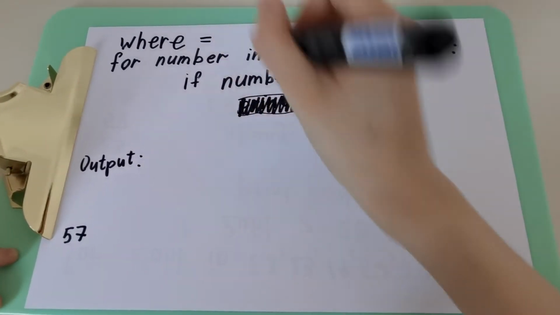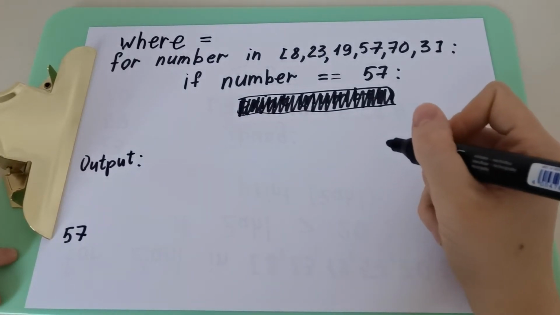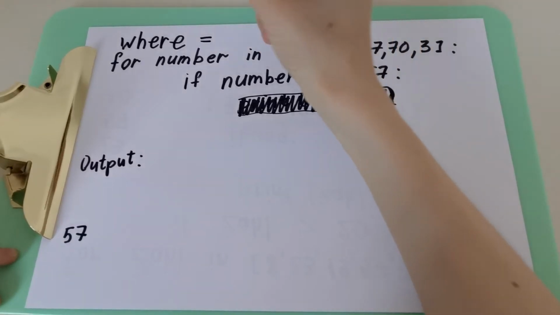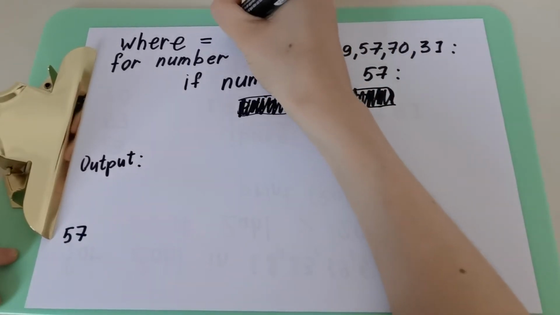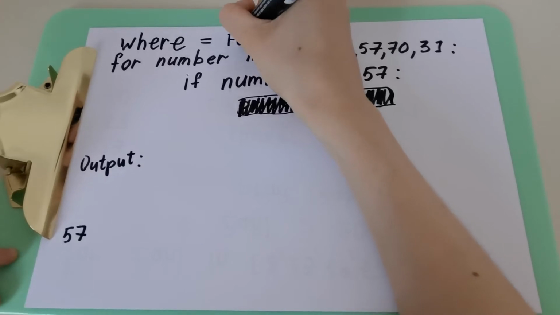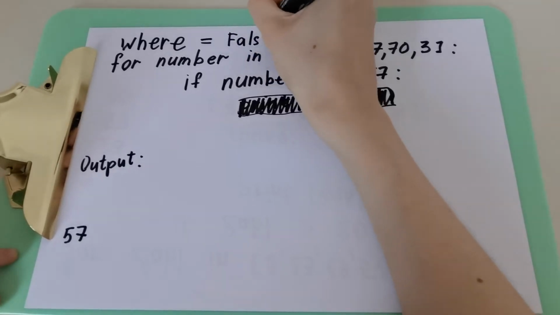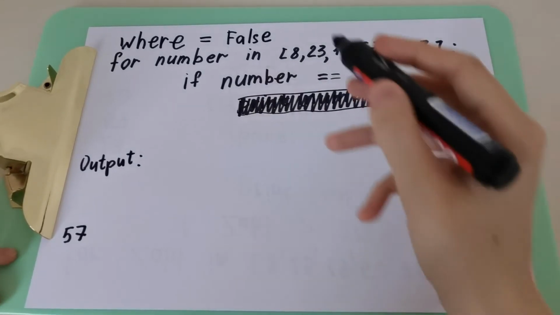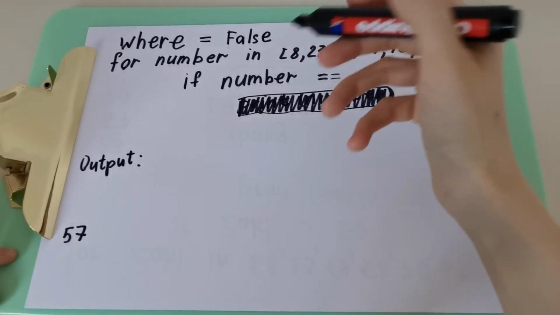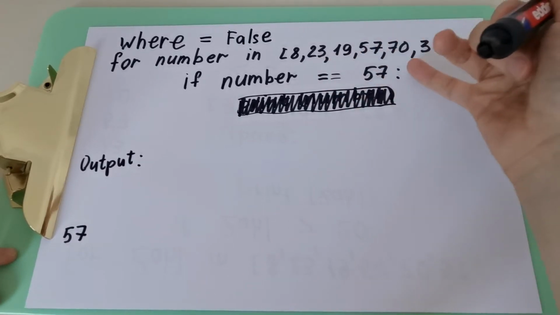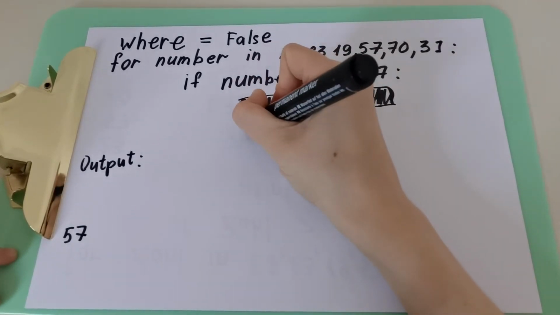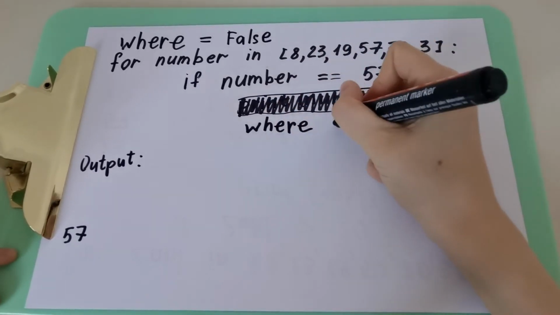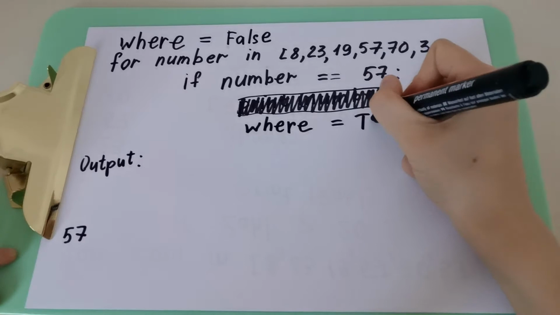And we assign to this variable a Boolean value. It can be True or False. You write it with a capital letter. Let's assign False here. So in the code, after the if line, we write: if number equals 57, our variable where changes and now it is True.